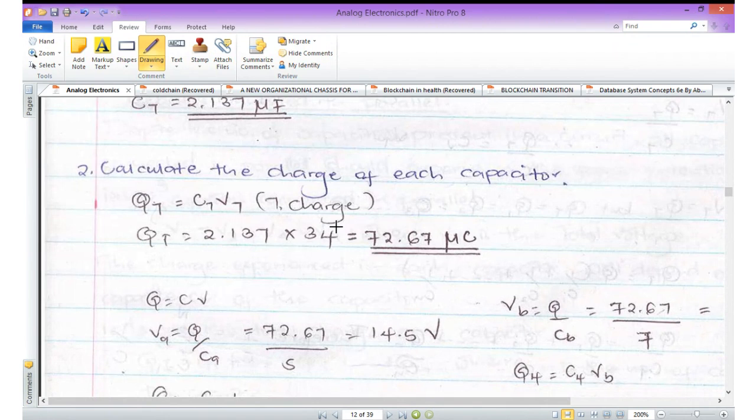Then you can estimate charge. The second question says, compute the charge of each capacitor.